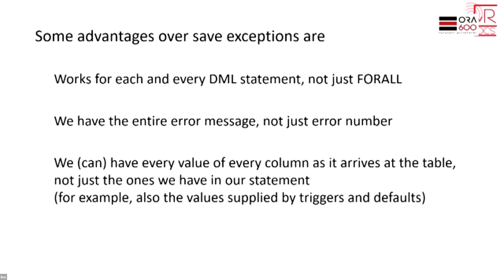We can have every value of every column, not just the columns that we have in our collection and insert, but columns that might be populated by triggers or changed by triggers or whatever. Everything that is trying to be put into the table is going to be in your log table.